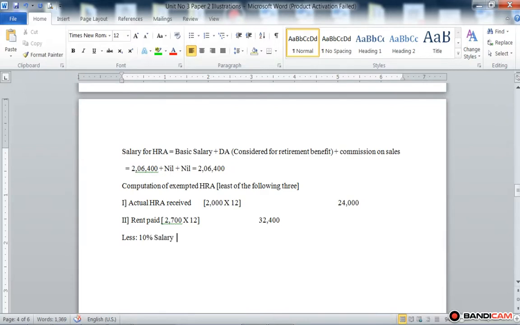So 10% is 10 divided by 100 multiplied by salary. We already computed salary for HRA, that is 2,06,400. So 10%, that is 20,640. Sorry, 20,640, not 26,000. Deduct this 20,640 from 32,400. Put the figure in outer column, that is amounting to rupees 11,760.